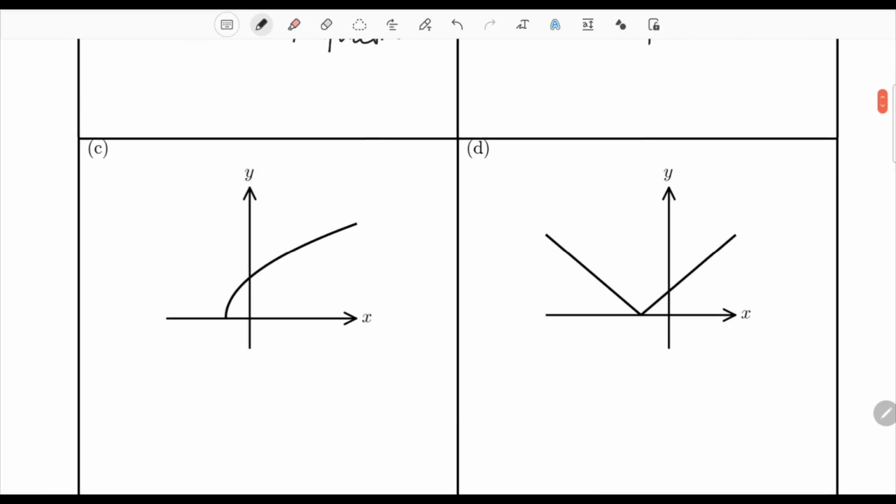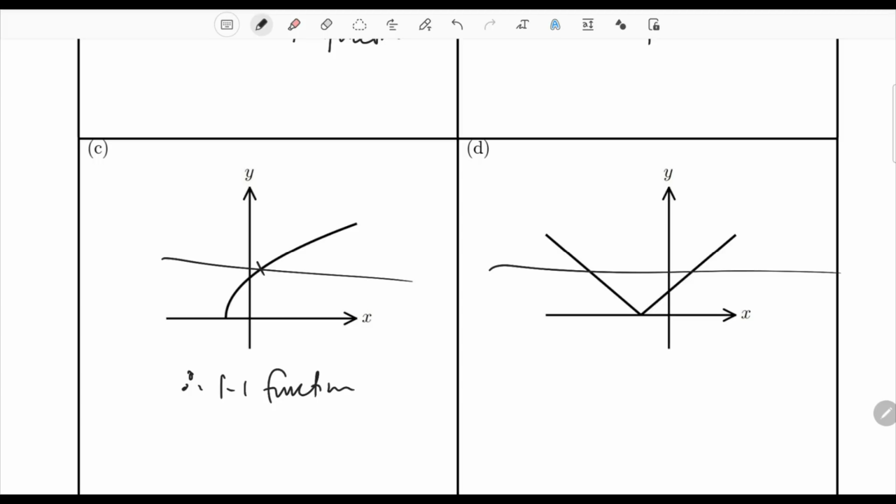C, this also cuts at 1 point, so one-to-one function. Here, it cuts at 2 points, so not a one-to-one function.